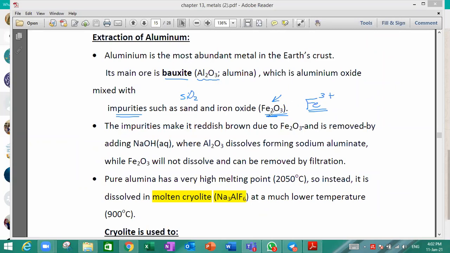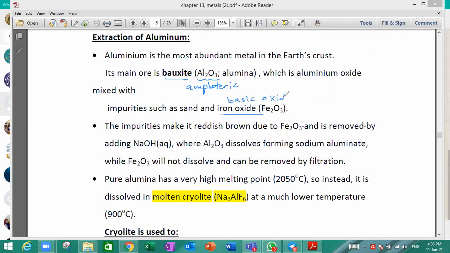So if we want to remove this iron oxide, we knew that aluminium oxide is amphoteric. We said that amphoteric means that it can react with acids and bases, whereas iron oxide is a basic oxide.